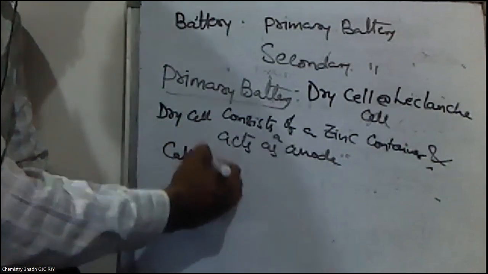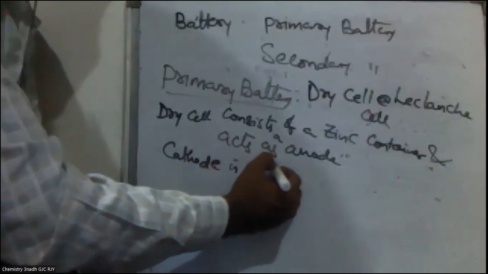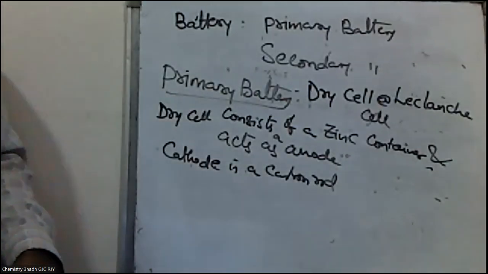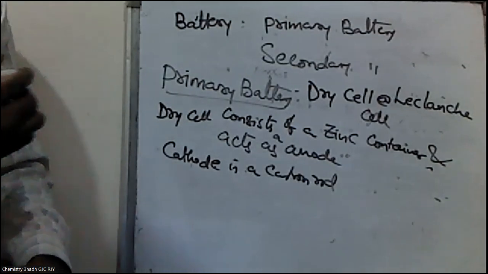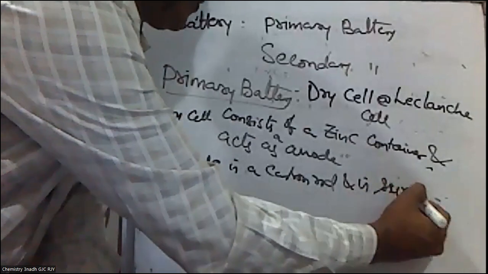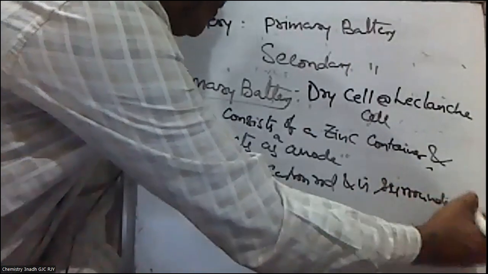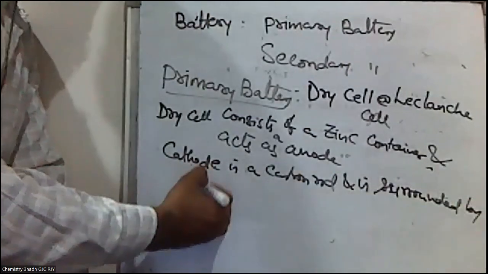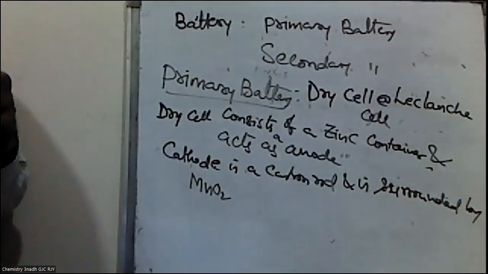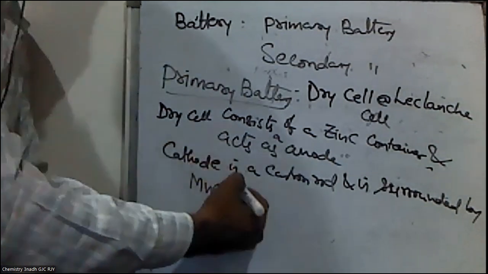Here in this dry cell, the cathode is a carbon rod surrounded by manganese oxide and carbon.